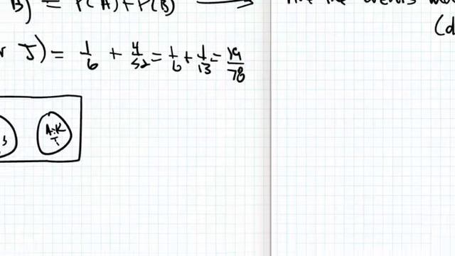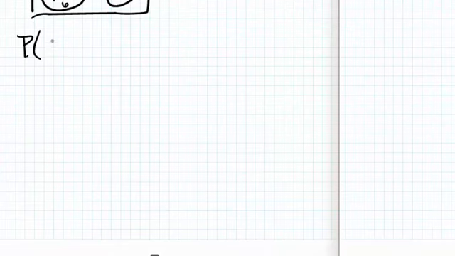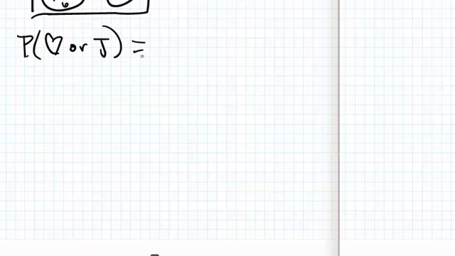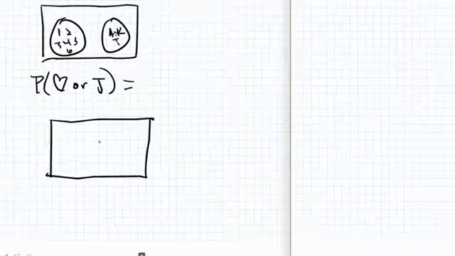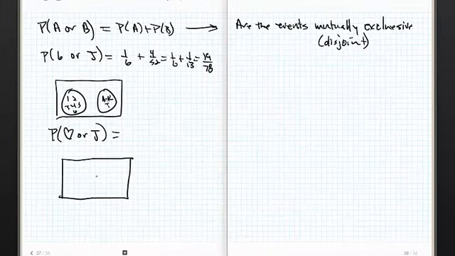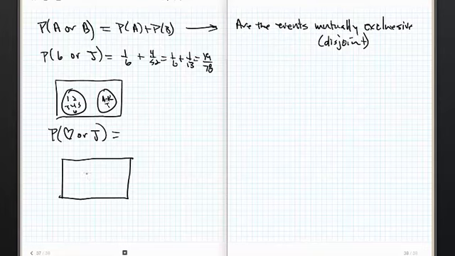Now let's go back and do cards this time. Let's do the probability of a heart or a jack. Before we do this, let's build it. We have a deck of cards, and I'm finding the probability that I draw a card and that card is either a heart or a jack. You have the set that represents all the hearts in the deck, and then the set that represents all of the jacks.